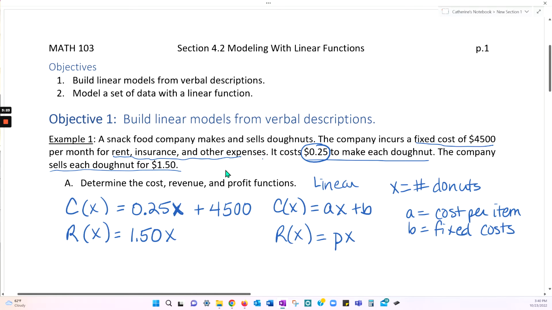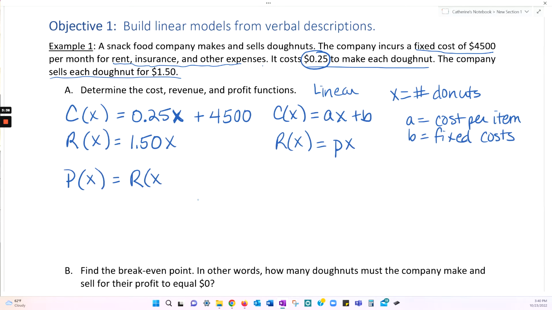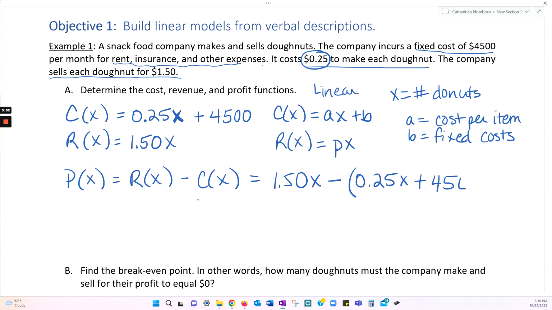Okay, so now profit function. Profit is how much you've made after you subtract off your costs. So for the profit function, we're going to have to take the difference. It's always the difference of the revenue minus the cost. And so this is going to be $1.50x, that's our revenue, minus our cost, 0.25x plus 4,500. And we've got to make sure that we distribute that minus sign.